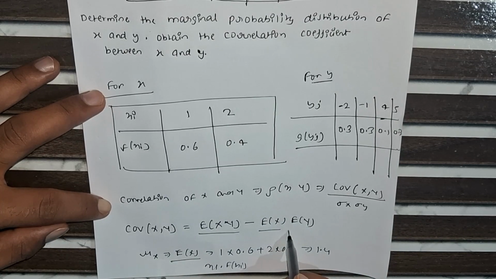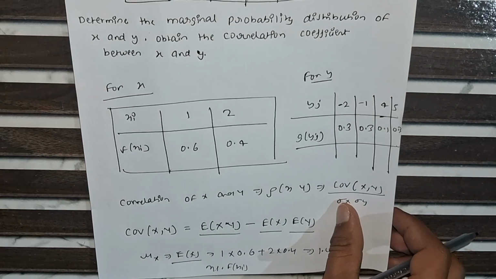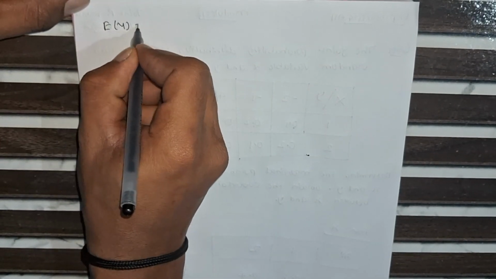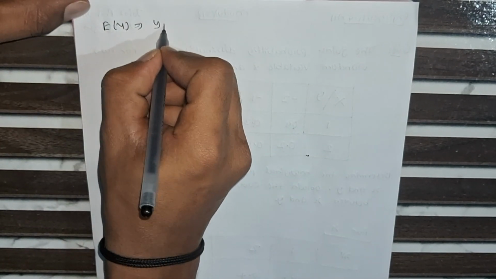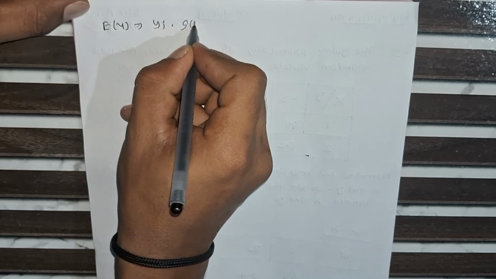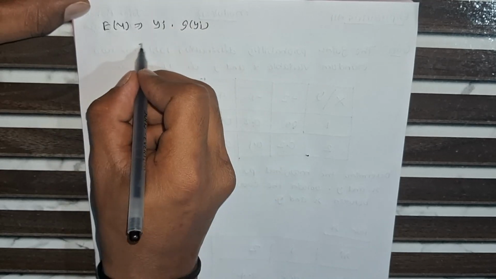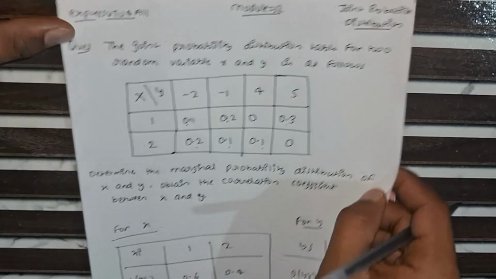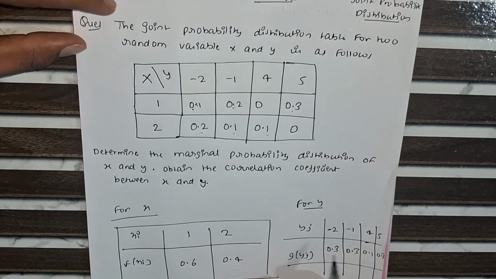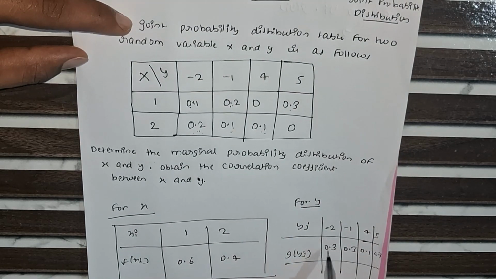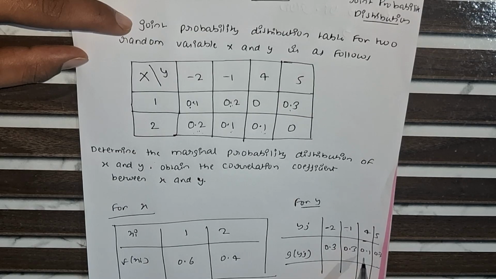Now go for expectation of y, which is the sum of yj into g of yj.